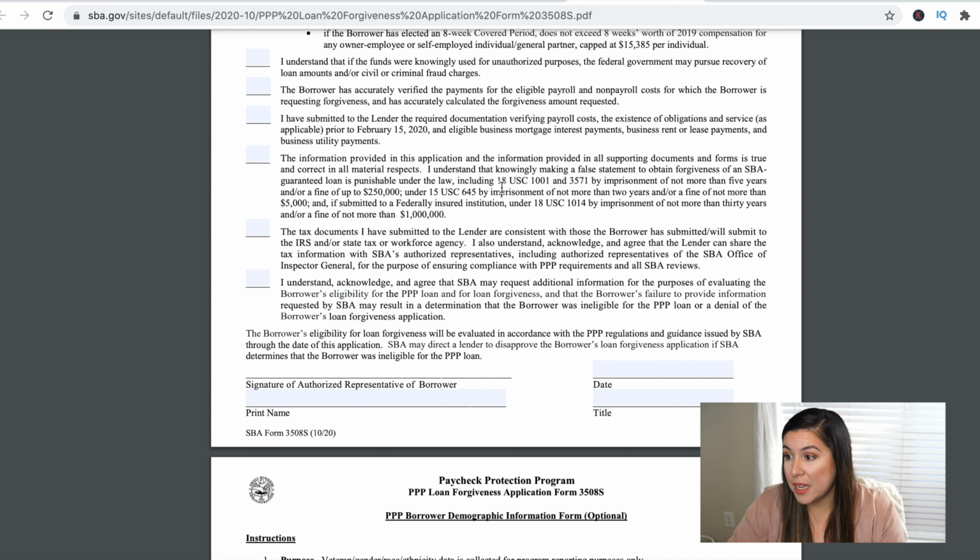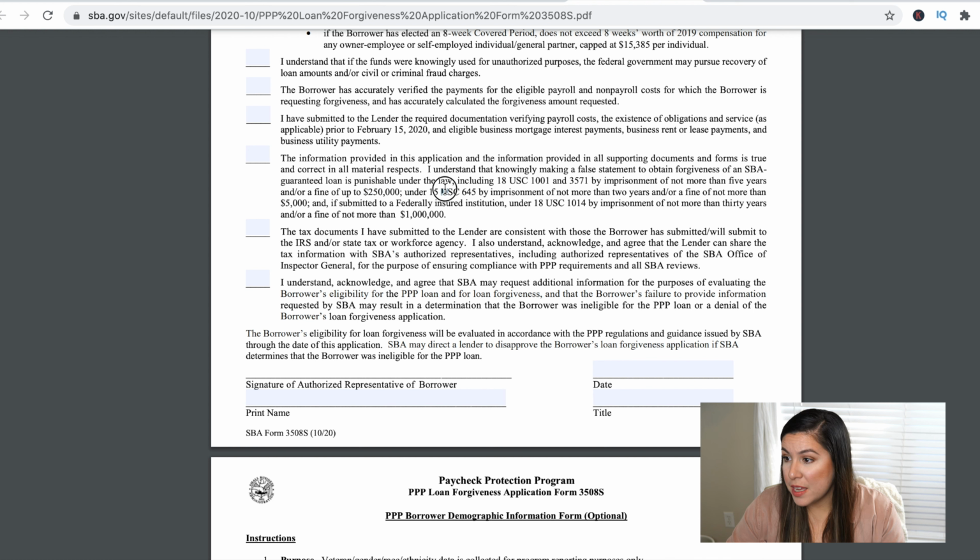It says, I understand that knowingly making a false statement to obtain forgiveness of an SBA guaranteed loan is punishable under law, including imprisonment of not more than 5 years or a fine up to $250,000.